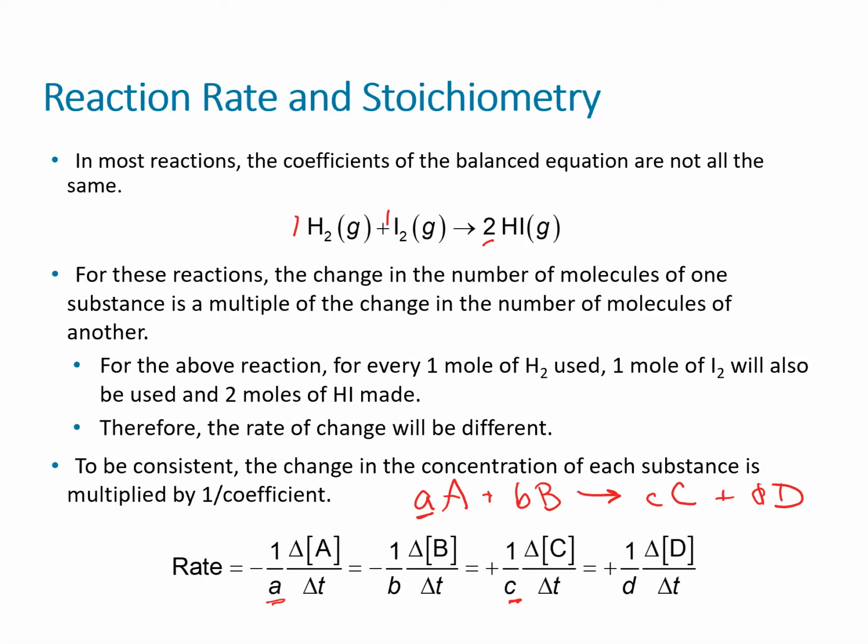And both of the reactants have to have negatives because they're going to have negative changes of concentration because they're being consumed. And so to make them equivalent, we have to make a negative of negative to make them positive. And then remember, both of our products are going to remain positive because they're being produced, so the delta is always going to be positive.